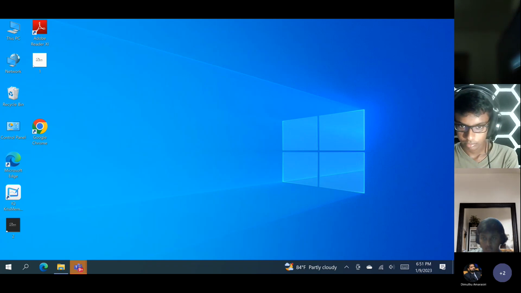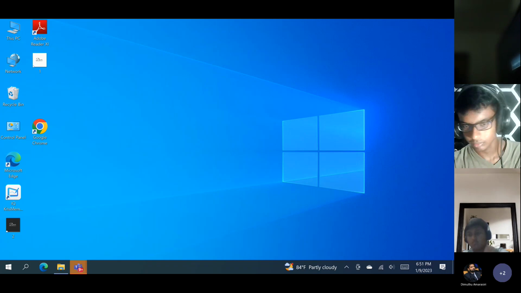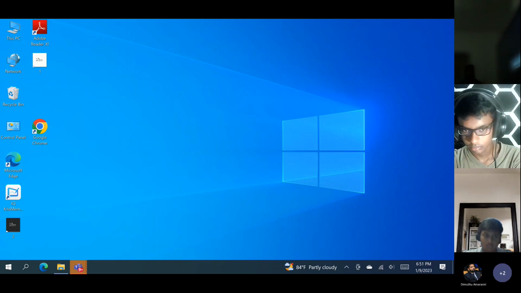So what are those two pieces? Alt F4. Alt F4 is basically like closing any window. If there is no window, it goes to shutdown mode.